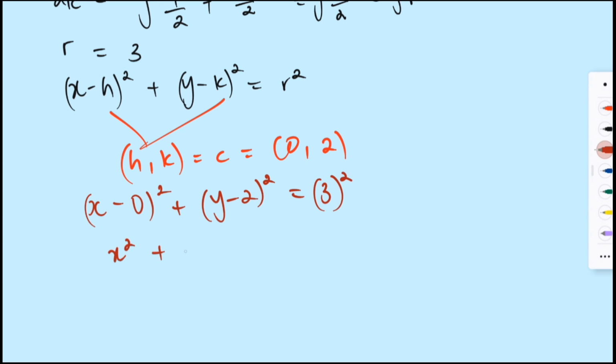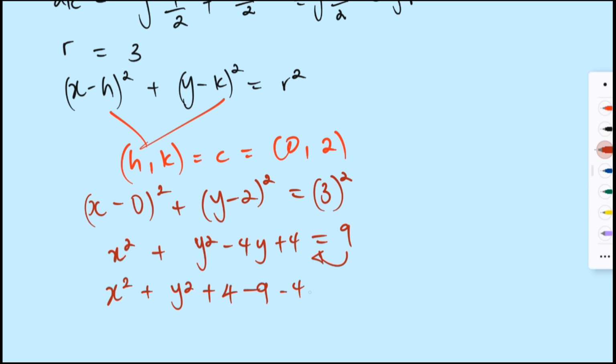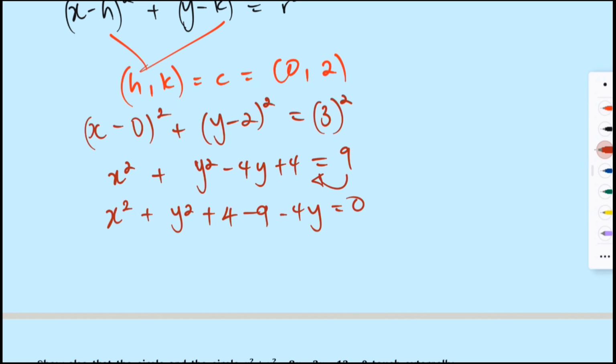So x squared plus, expanding, y squared minus 4y plus 4 equals 9. Bringing this to the left hand side, x squared plus y squared minus 4y plus 4 minus 9 equals 0.